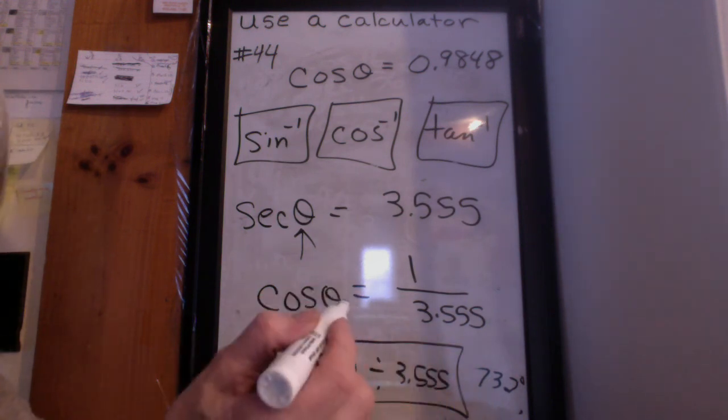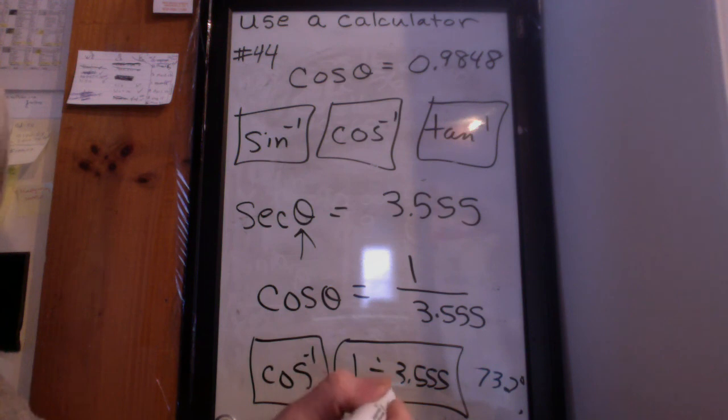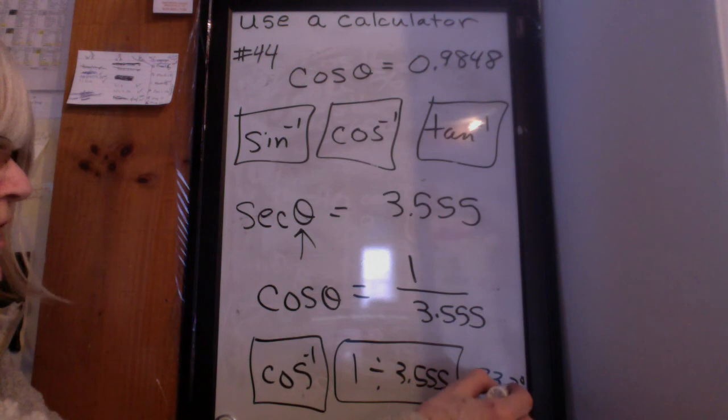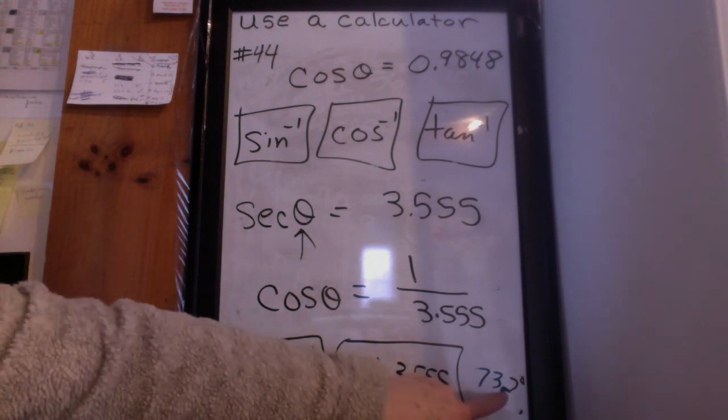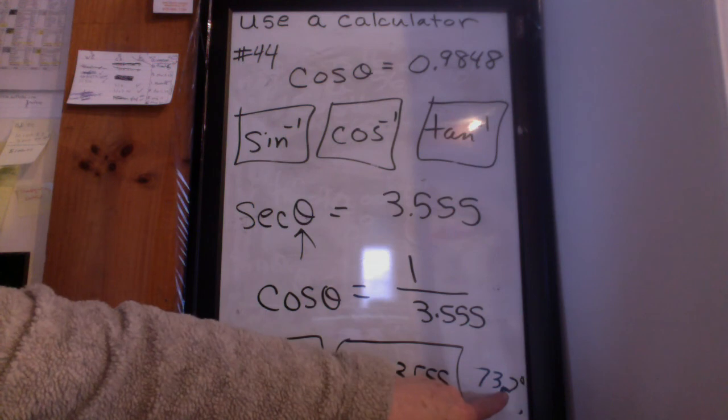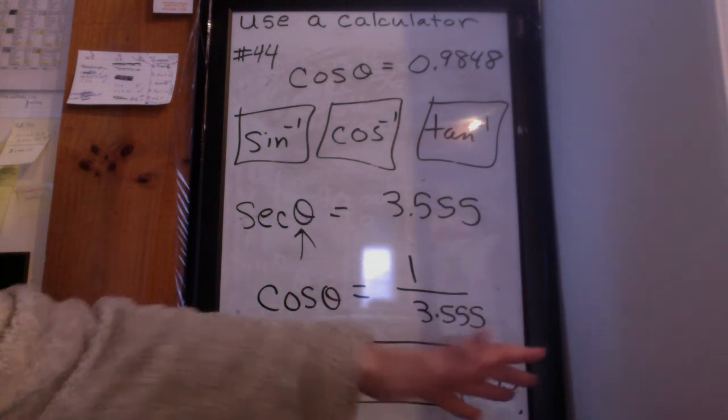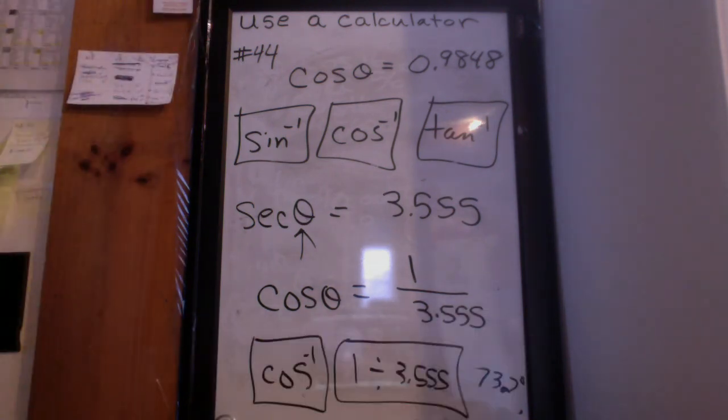Now, suppose I don't want a decimal point. Suppose I want degrees, minutes, and seconds. Do you know what to do then? Of course you do. You take your decimal part, times it by 60, write that answer, and then times it by 60 again. You want me to do that all the way through?